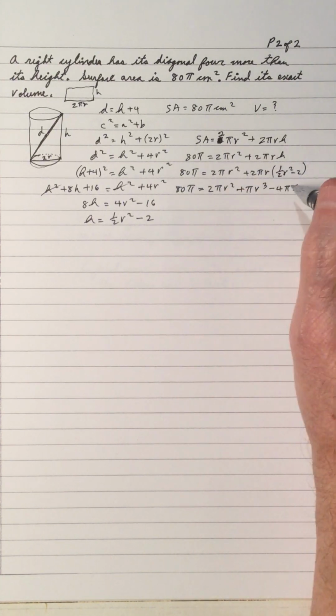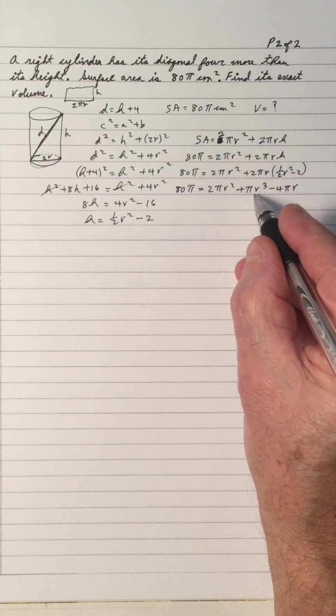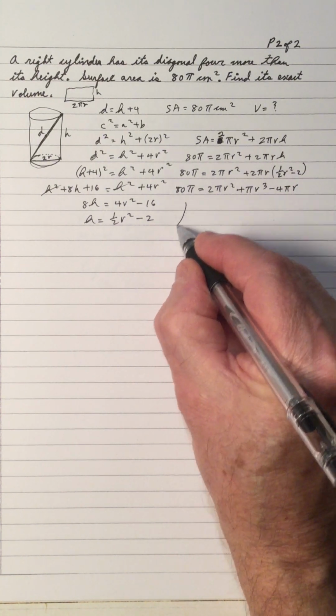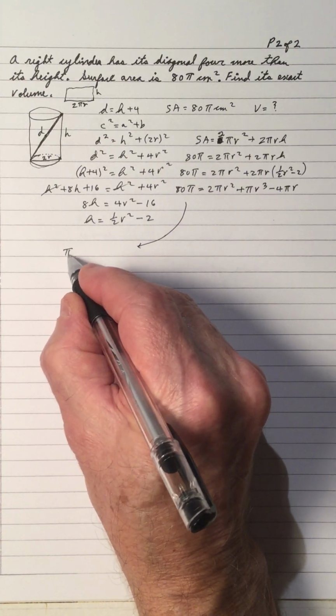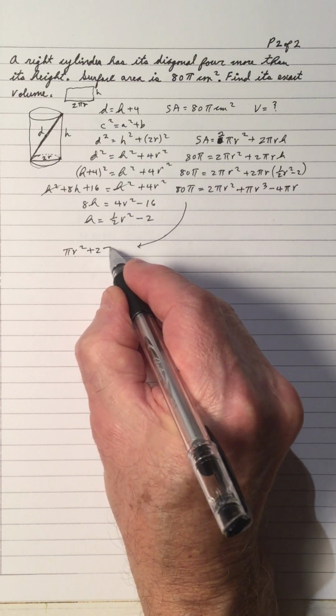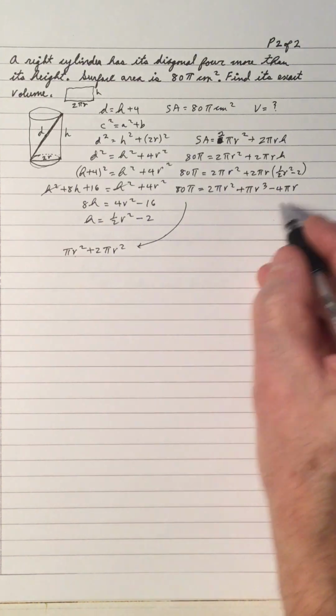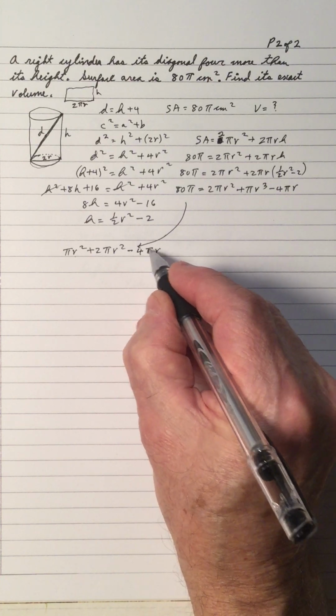Notice now we have only one variable, r. Putting this in descending order, we have pi r cubed plus 2 pi r squared minus 4 pi r.